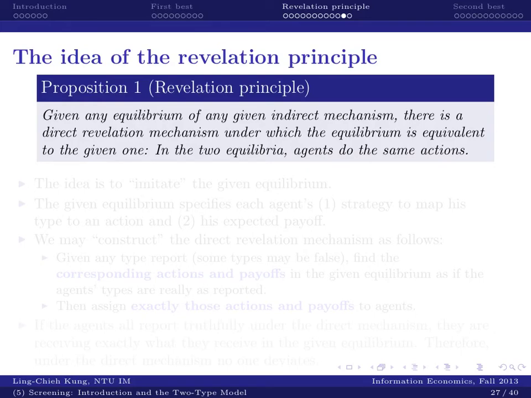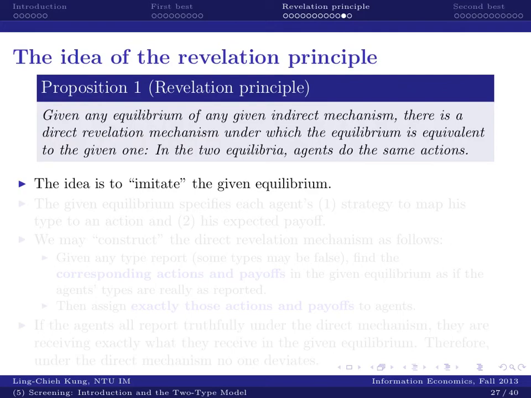So, I give you a contract or a mechanism, the agent does some response, and I can always find a direct revelation mechanism that can replicate what you have just done. That's exactly telling us one direct revelation mechanism will be optimal.